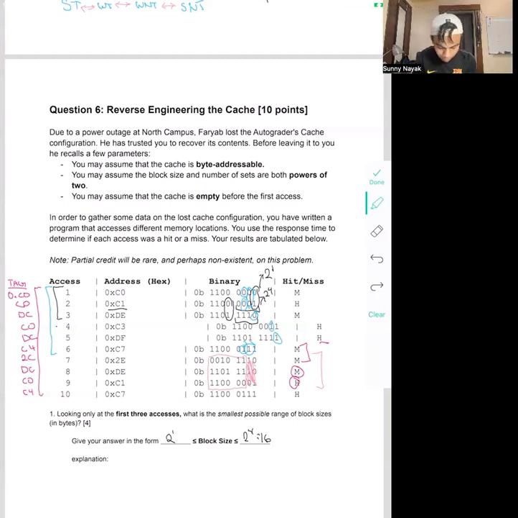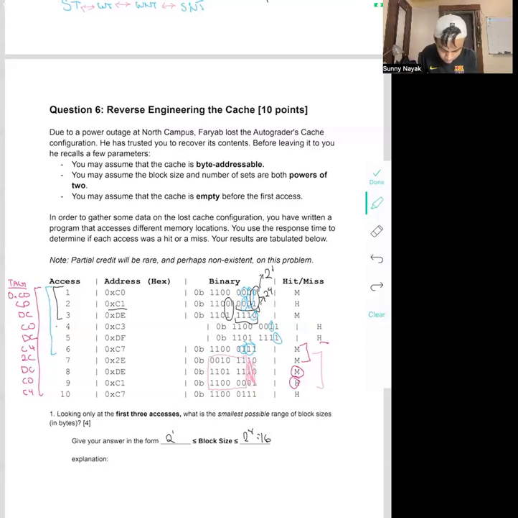Well, I would have an eviction, because C7 would get evicted: I would have 2 accesses in line 7 and 8 that look at the same set index.